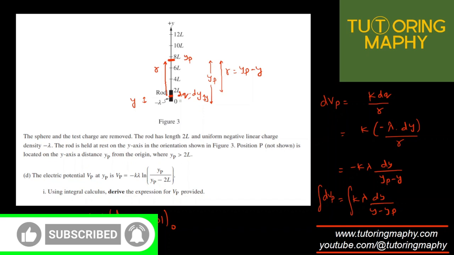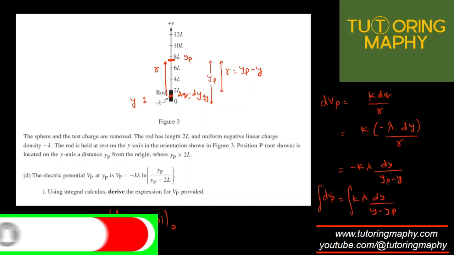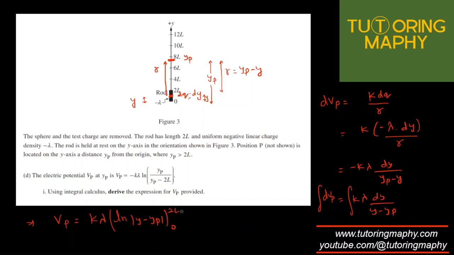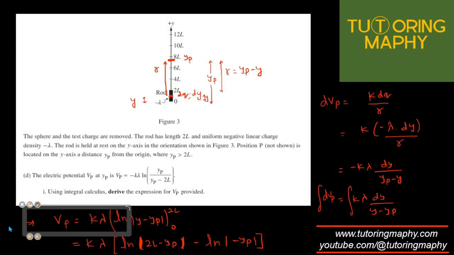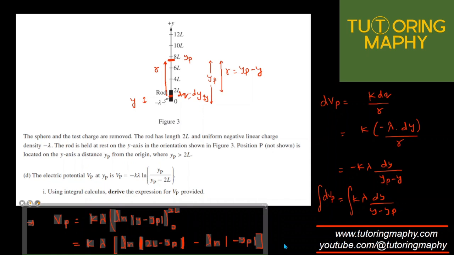It's from 0 to 2L, right? Because this is till where the rod is, so 2L. So I'm going to place the upper bound here, which is k lambda times ln of the absolute value of 2L minus yp, minus ln of the absolute value of minus yp. Okay, well, let's borrow this on the next page. Running a little short on space here.